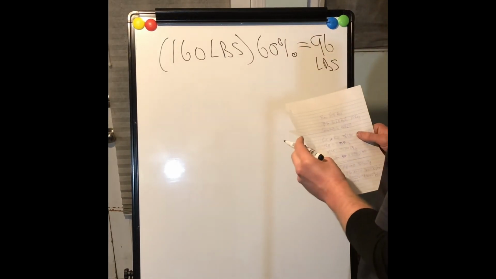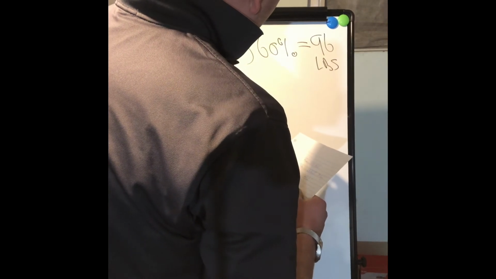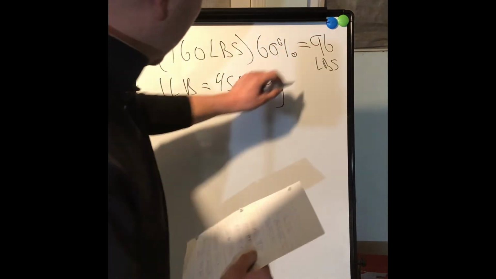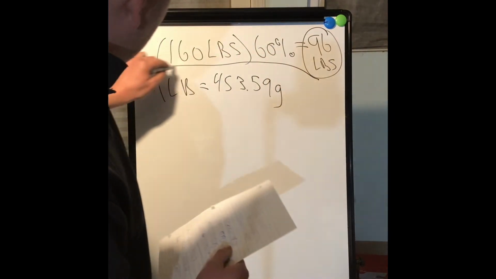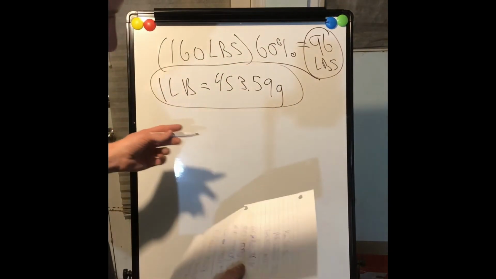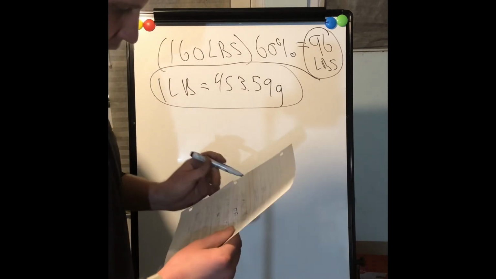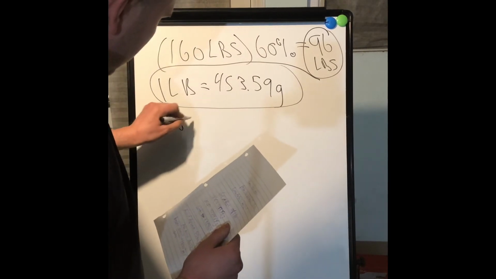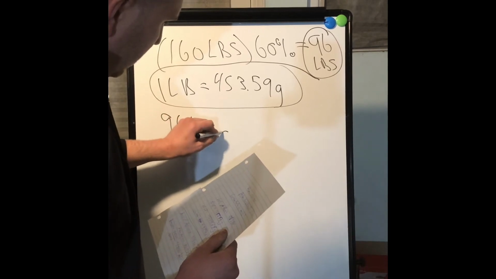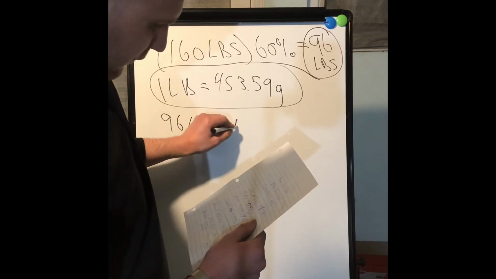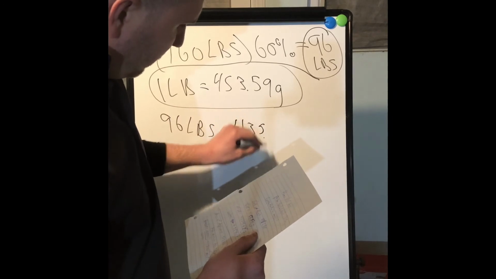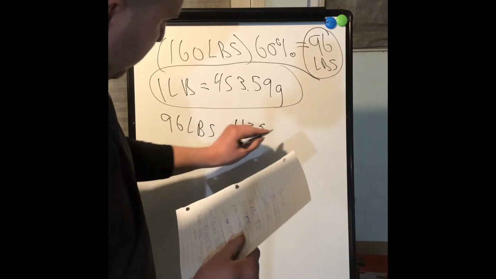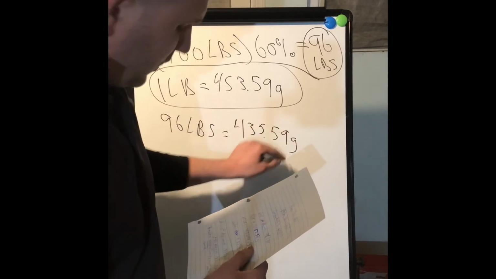And then we know that 1 pound is equal to 453.59 grams. So we can multiply 96 by this 453.59 grams conversion factor, so that 96 pounds is equal to 435.59 grams.